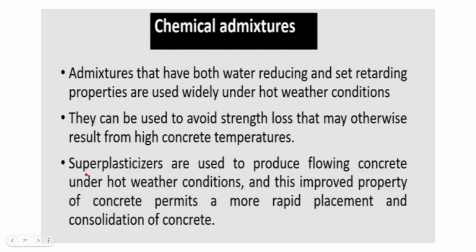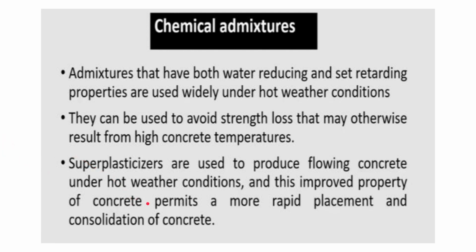And because of that, superplasticizers are used to produce flowing concrete under hot weather conditions, and this improved property of concrete permits a more rapid placement and consolidation of concrete. So basically use of chemical admixtures will increase the flowing characteristics, okay. So as the flowing characteristics increase, the slump loss will be reduced, okay. So that will result in a more rapid placement and also concrete consolidation, okay.